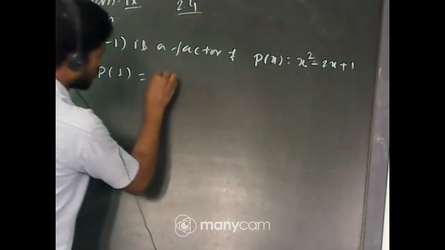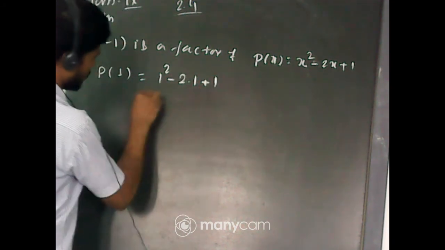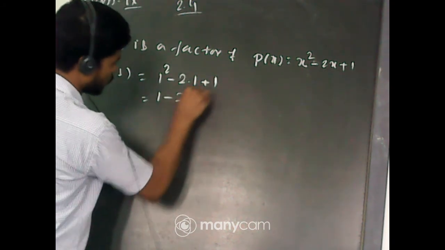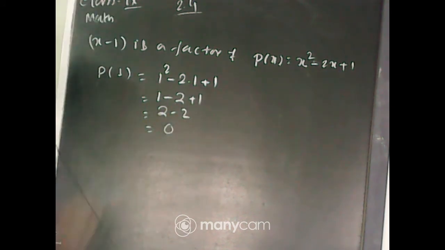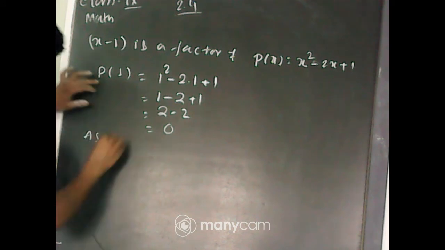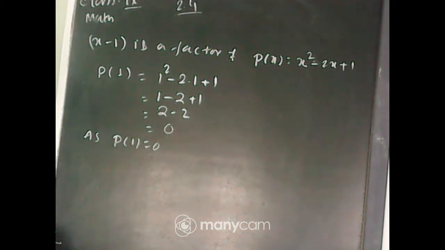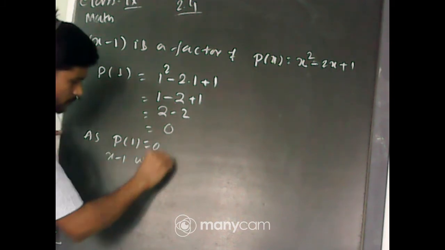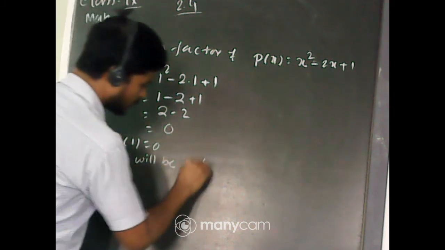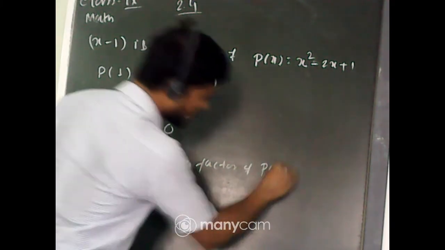So p of 1 will be 1 square minus 2 into 1 plus 1, that is 1 minus 2 plus 1, that is 2 minus 2, which is equal to 0. So as p of 1 equal to 0, according to factor theorem, x minus 1 will be a factor of p of x.